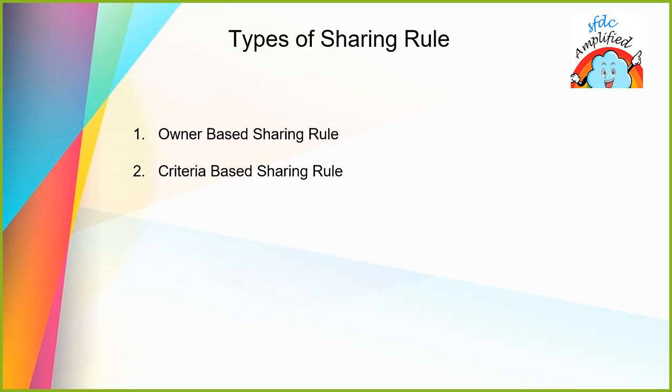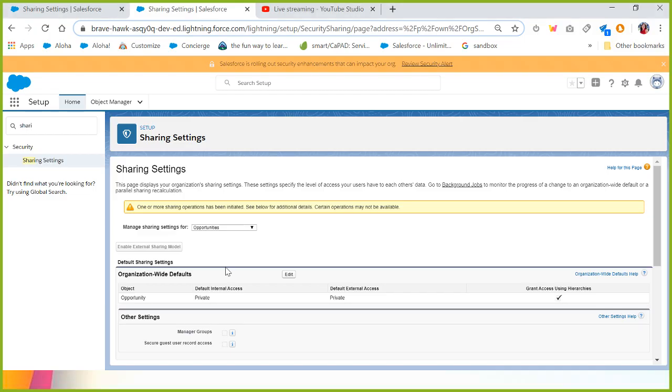Now comes the criteria based sharing rule. In this, we share records which meet a particular criteria. So let's go back.